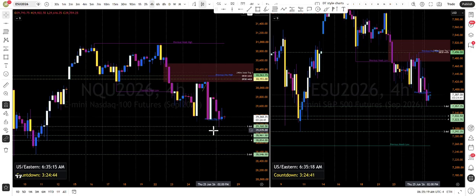But what I've learned is the pivot inside this fair value gap is more important than the fair value gap, because since we've mitigated the fair value gap, the draw on liquidity now is going to be this pivot right here. So I'm not going to mark this fair value gap.